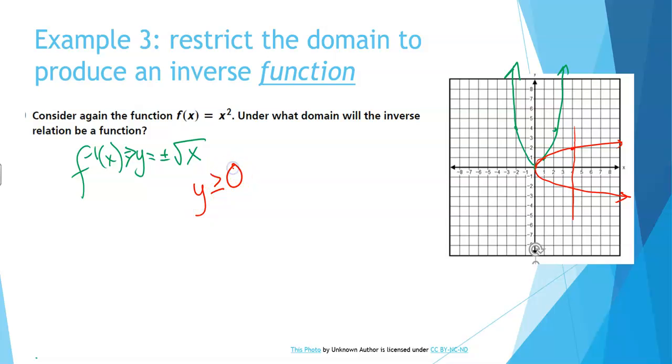Greater than or equal to 0. So the range of this one is restricted, so I would have to restrict the domain of the first function. So the domain would have to be x greater than or equal to 0. In other words, I'd have to get rid of this piece right here. And then I could draw my line. That would get rid of that one, and that would reflect that over that line.